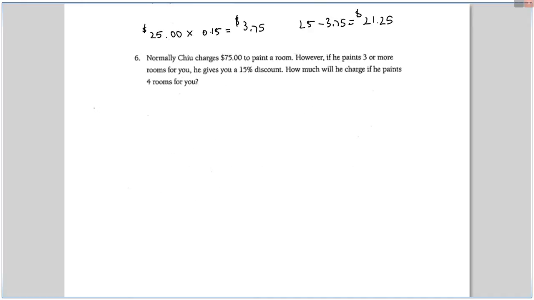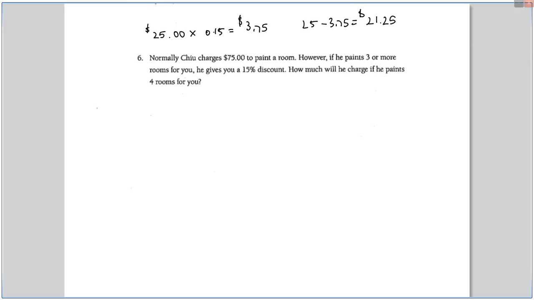Alright, this next one says that normally this person charges $75 to paint the room. However, if you paint 3 or more, there's a 15% discount. So how much will he charge if he paints the 4 rooms? So if you read it carefully, it says it's $75 per room. So multiply that by the 4 rooms.